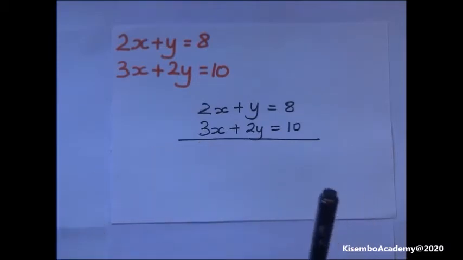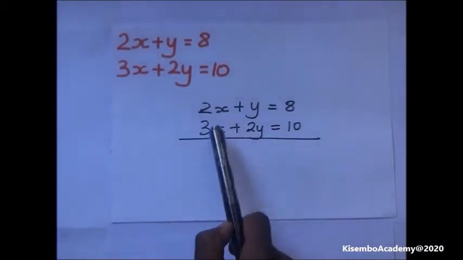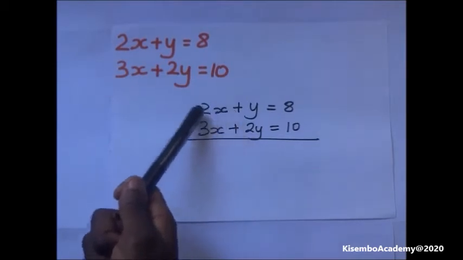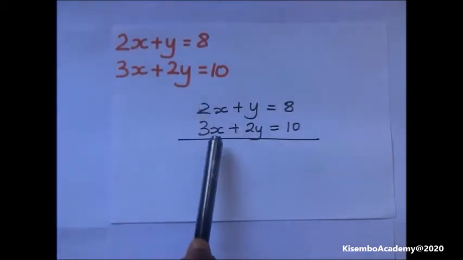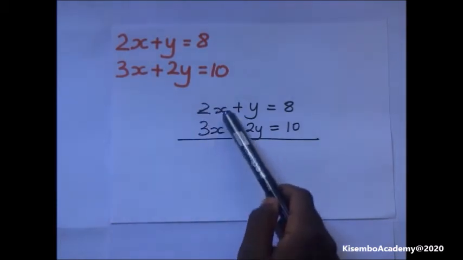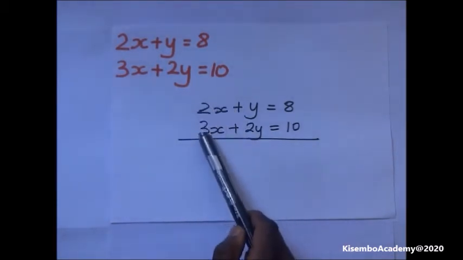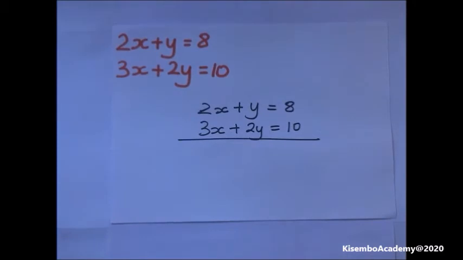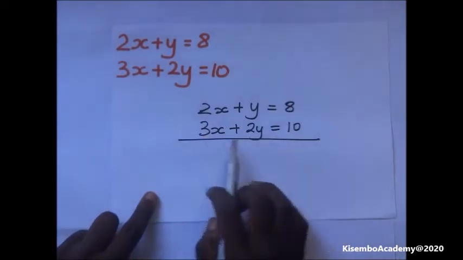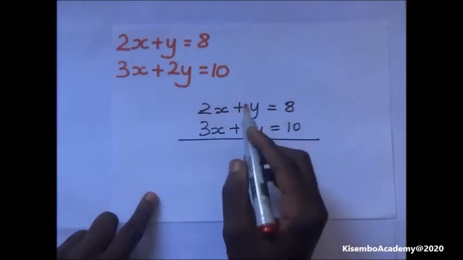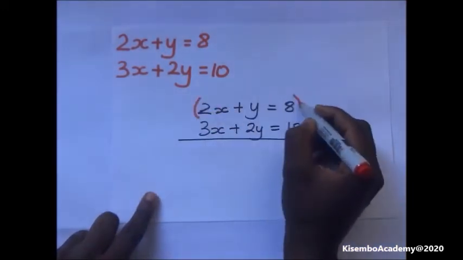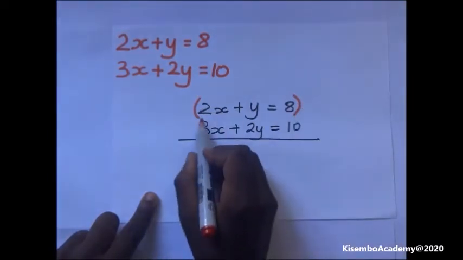Let's decide now that we want to eliminate x. But if you look at the coefficient of x here, it is 2. The coefficient of x here is 3. Now, how do we eliminate x with these coefficients being different? What we do is interchange the coefficients. We get this coefficient of 3 here and multiply it in the first equation, so we multiply the first equation by 3.